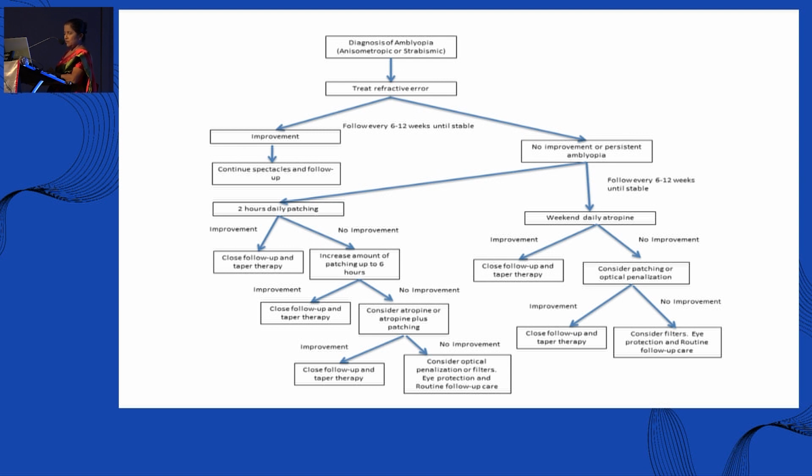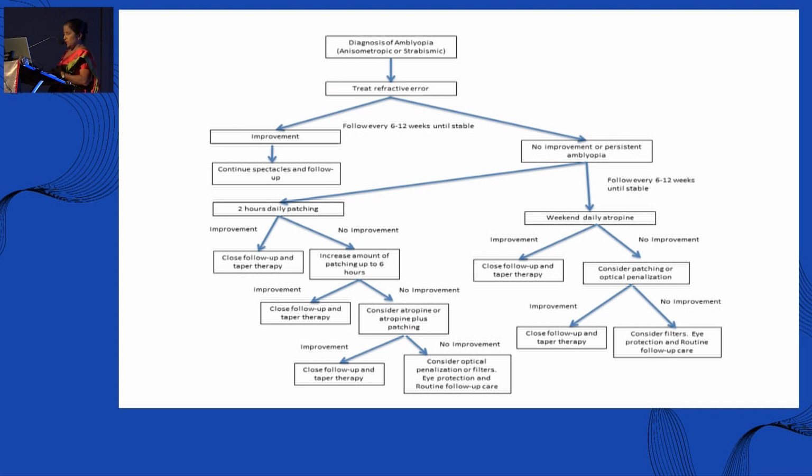If it's improving, we do close follow-up and we taper the occlusion therapy as well. We have to remember that when you are doing the occlusion, we always have to do the tapering. And if it's not improving, we increase the amount of patching to 6 hours or more. Again, if there is improvement, we do close follow-up. And if there's no improvement, we think about atropine or atropine plus patching.